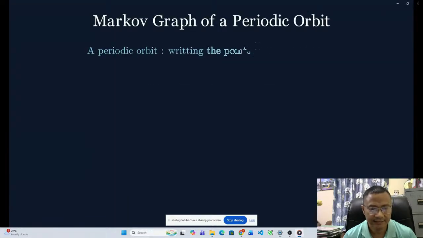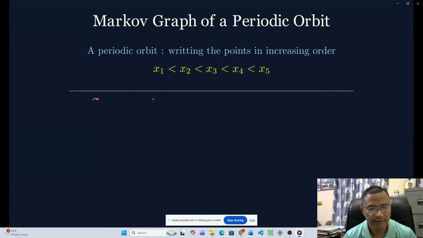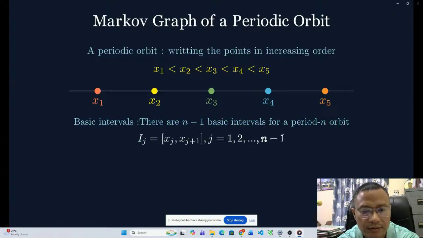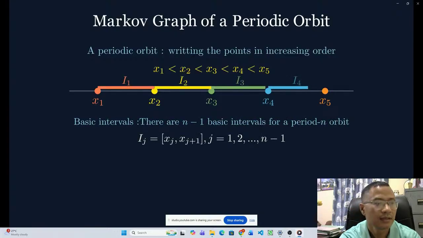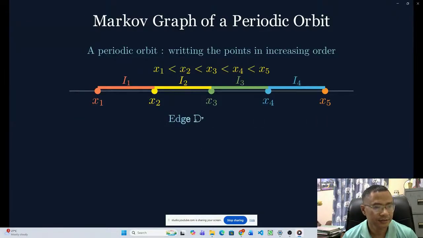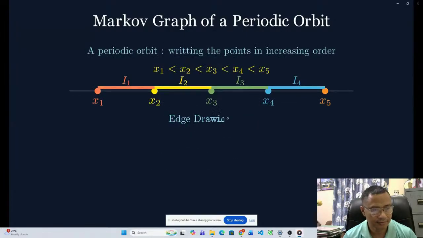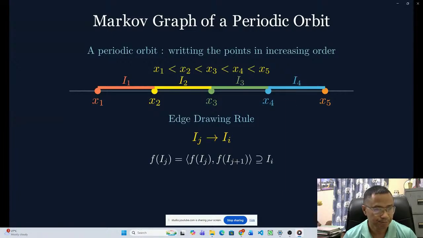Then the basic intervals or vertices, capital I's, are formed by joining the consecutive points of the orbit. So there are 4 basic intervals I1, I2, I3, I4 for a periodic orbit of period 5. In general, there are n-1 basic intervals or vertices for a periodic point of period n.